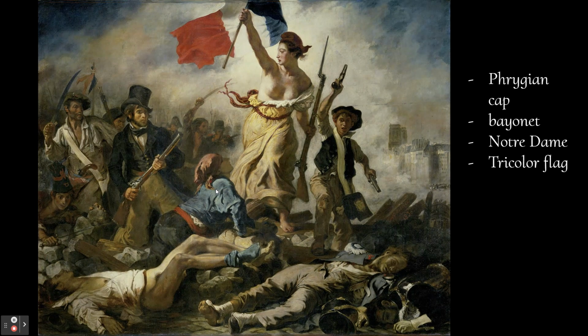And then the other interesting thing that Delacroix does is he puts people who are clearly of different social classes. So this guy with the top hat is clearly upper class, and he's holding a hunting rifle as opposed to a military weapon. So he's clearly upper class.